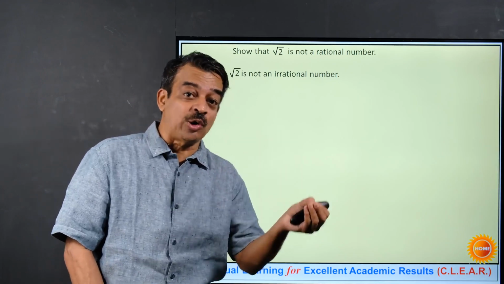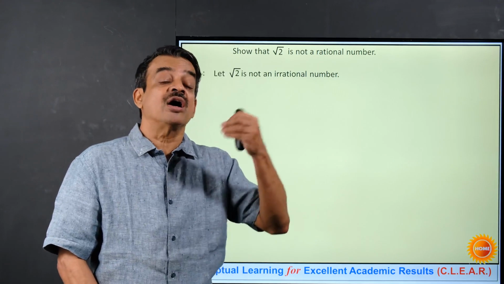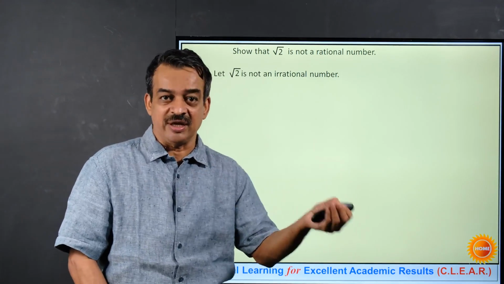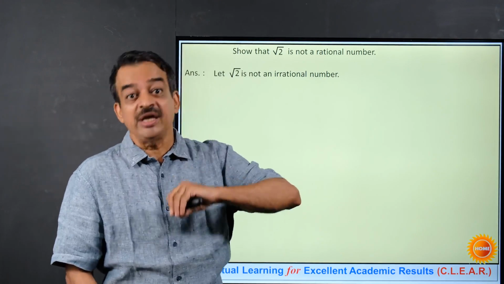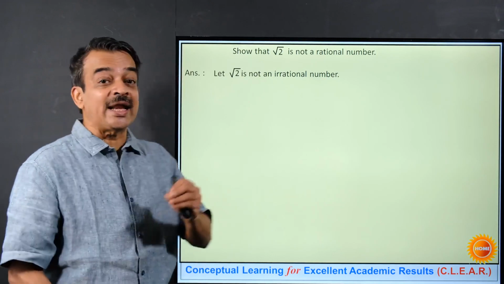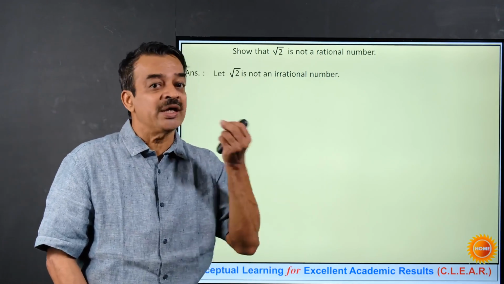If a number is rational, then obviously it will not be irrational, and vice versa, if a number is not irrational then it is rational, vice versa as I said. If it is rational, then it is not irrational; if it is irrational, then it is not rational. So when I say it is not an irrational number, it is obvious the opposite of irrational will be rational.